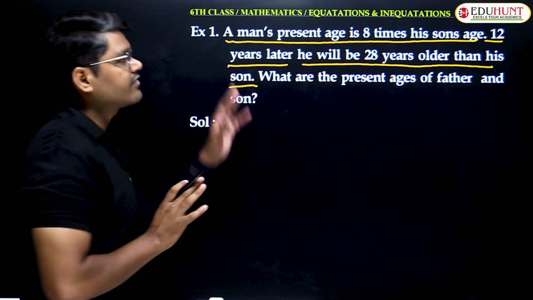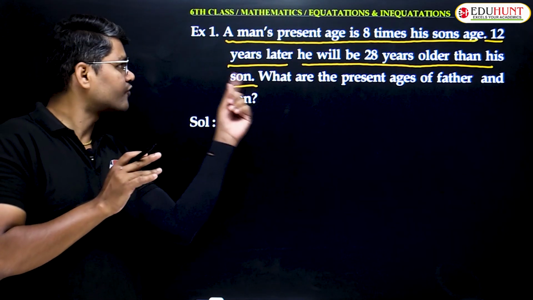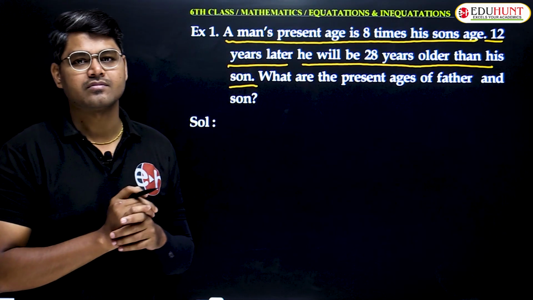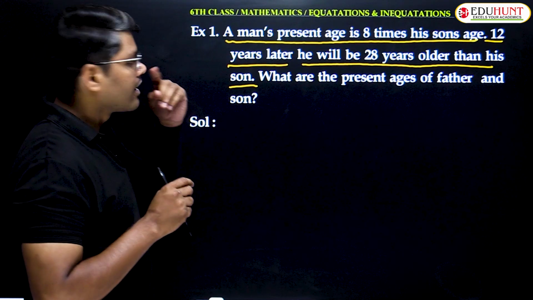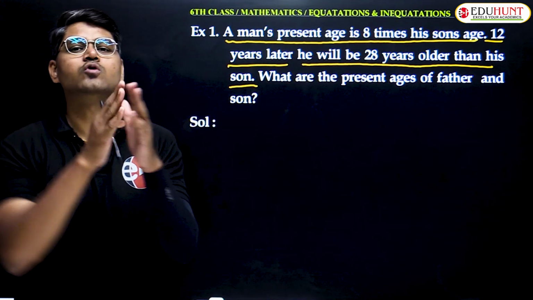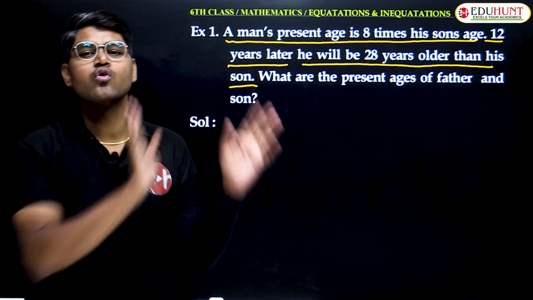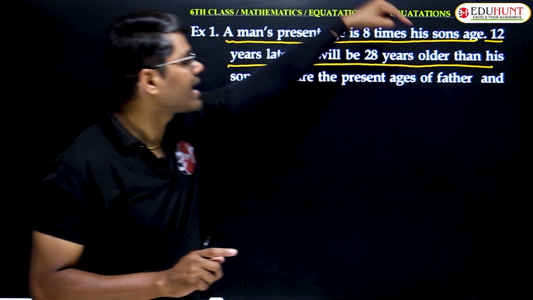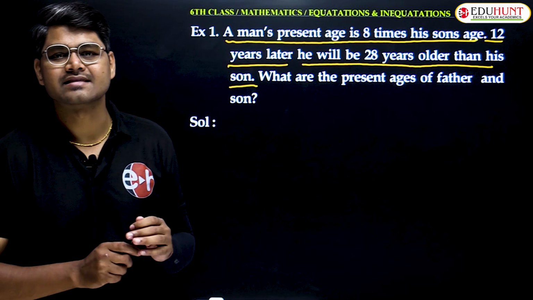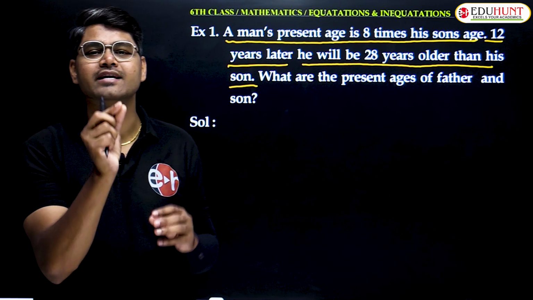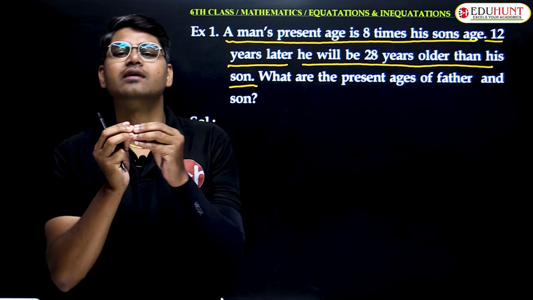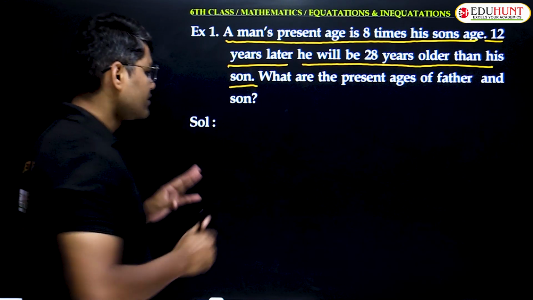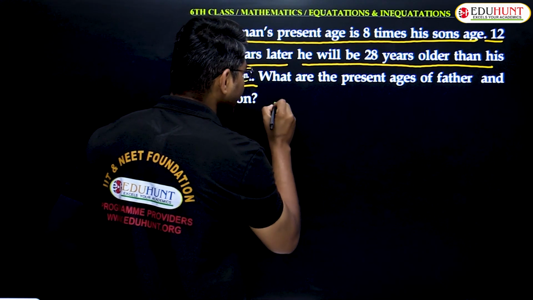First of all, whenever you see a question in the form of ages, first we have to take the present age. And then we have to check whose age is compared with whom. Here, man's present age is being compared with son's age. So here we take x as a variable, the present age of son.